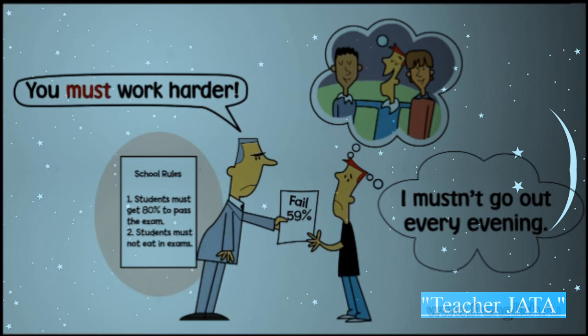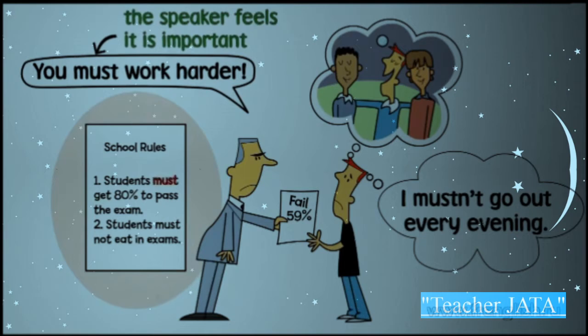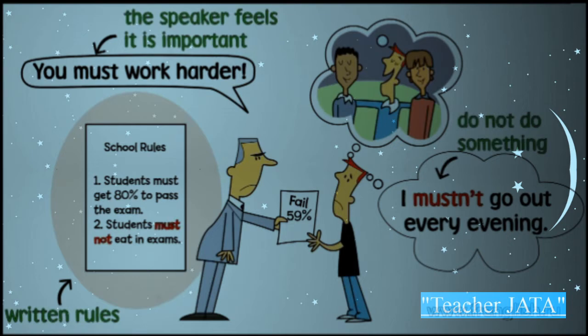We use must to say something is essential or a rule. We often use must when the speaker feels that it is important to do something. We also use must for written rules. We use must not or mustn't to mean don't do something.